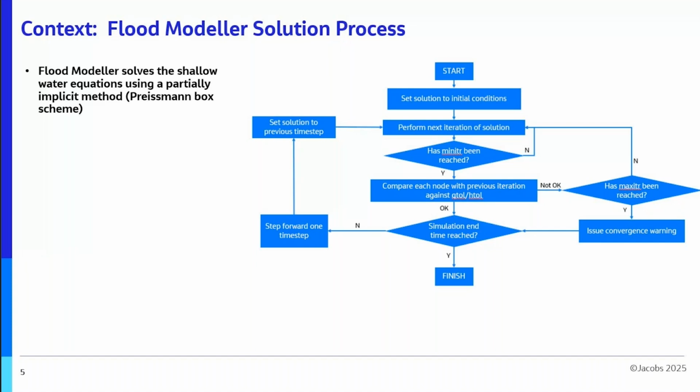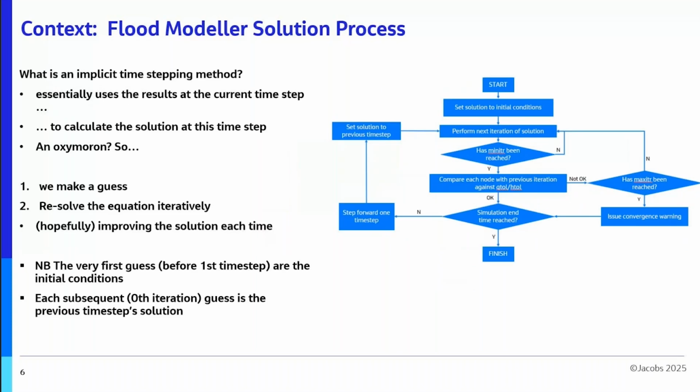So what is the implicit method? Well, it's essentially using the results at the current time step to calculate a numerical solution at this time step.